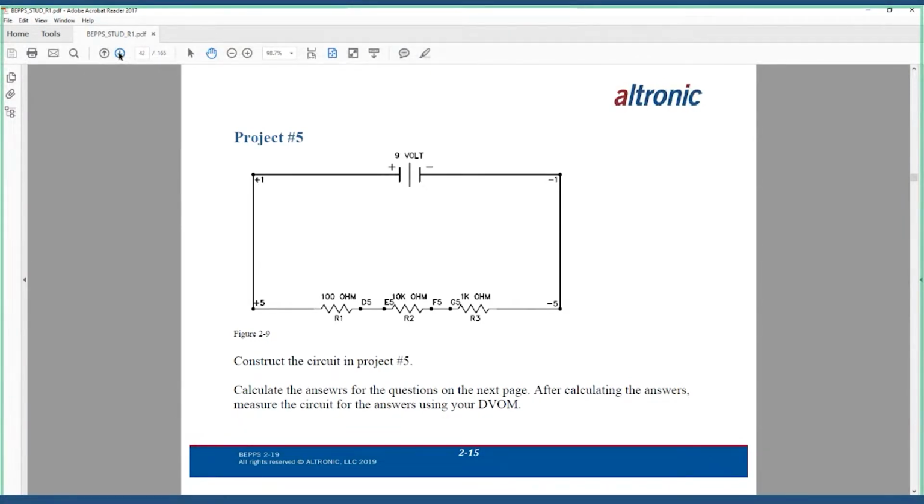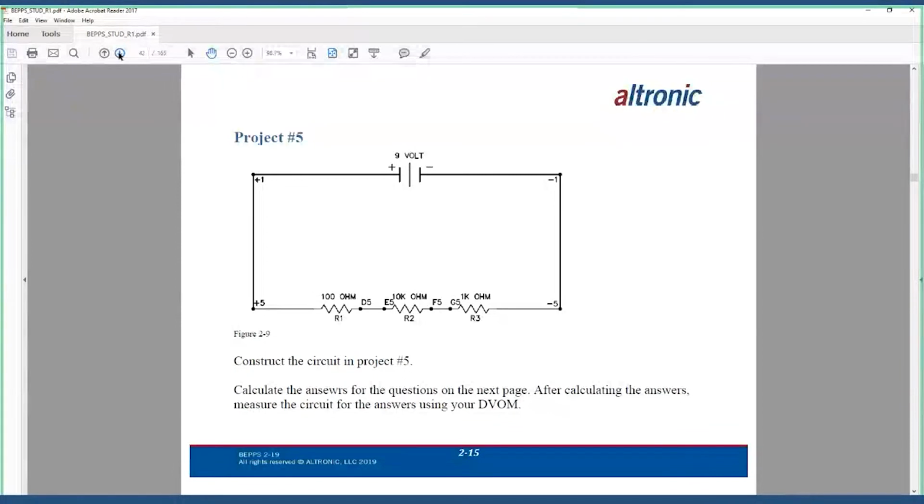So I want to point out something too. Our biggest resistor is the 10,000 ohm resistor in this circuit, and it also shows that we had the biggest voltage drop across it of 8.1, where the rest are not even a volt.